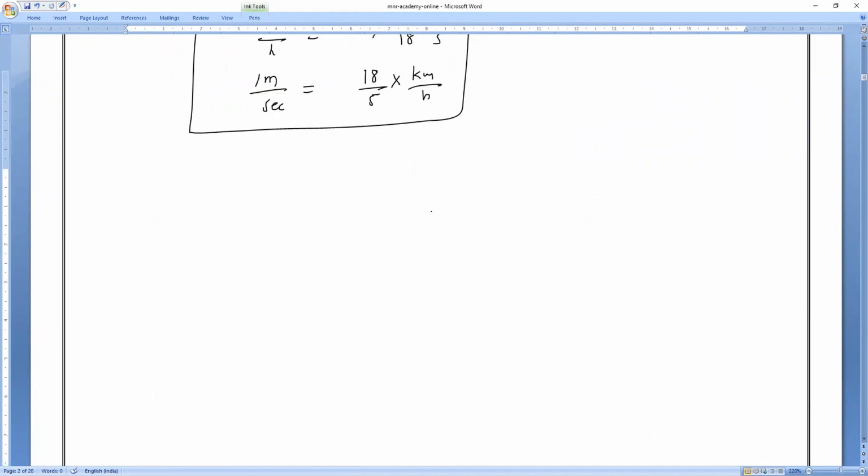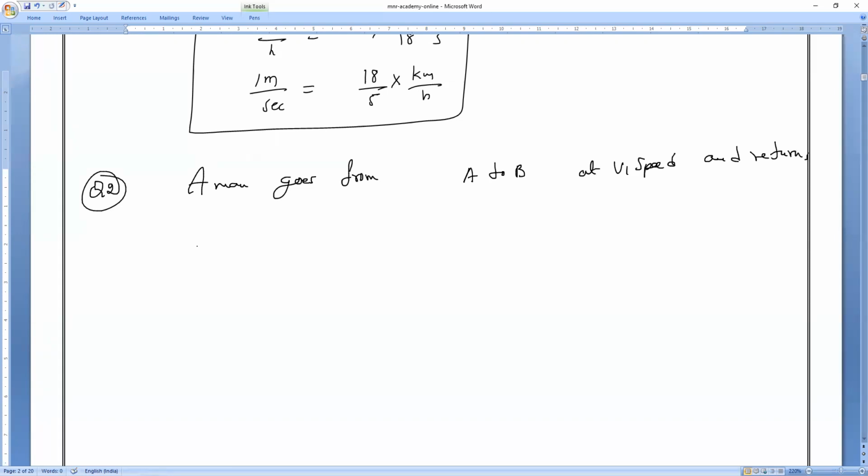Next question. Write question number 2. You try to solve. A man goes from A to B at V1 speed and returns from B to A with V2 speed. What is the average velocity?